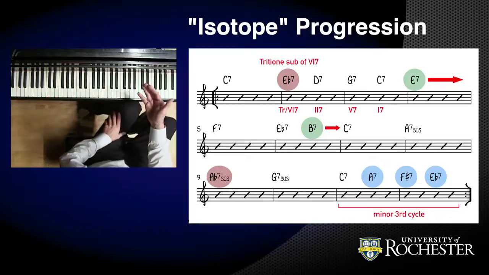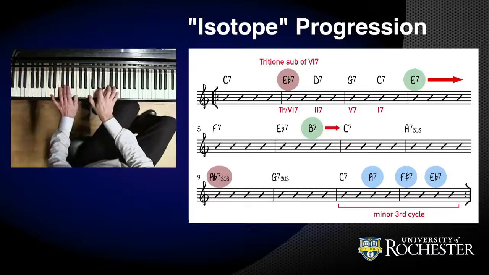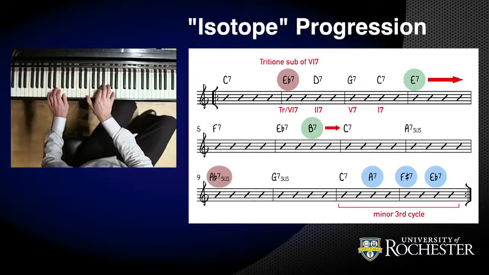And then in measure 9, if we think of it as a tritone sub of D, we get our traditional chord progression.